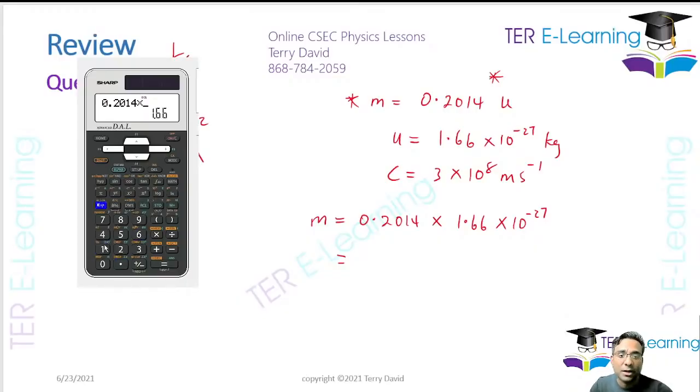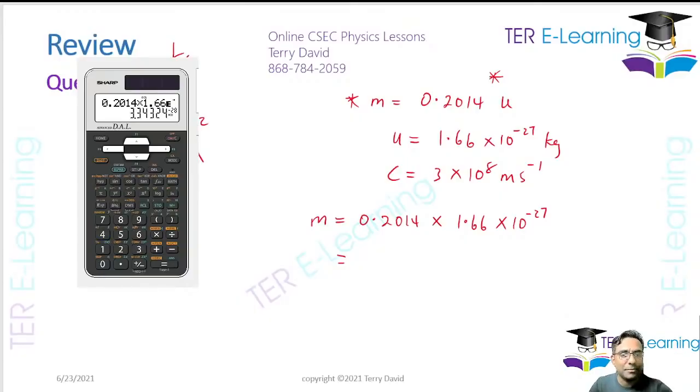There's a button that allows me to get that 10 to the minus 27. That is this button here, the EXP. Press that, and all you need to do is press 27 and press your plus or minus sign. That's how we enter 1.66 by 10 to the minus 27 in the calculator. That's a big challenge for many students, right? They don't know how to use their calculator. Equal, and this is my answer here.